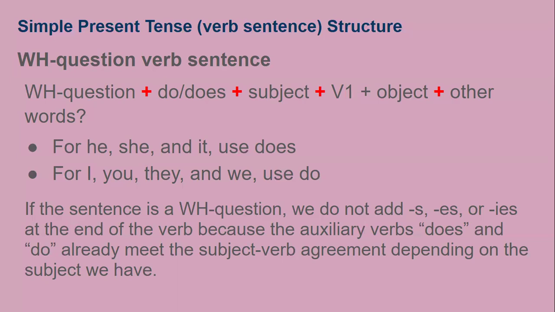All right, so we got the structure and also we have the rules that we can use to form our WH questions, verb sentences in the simple present tense. Let's now do some exercises.